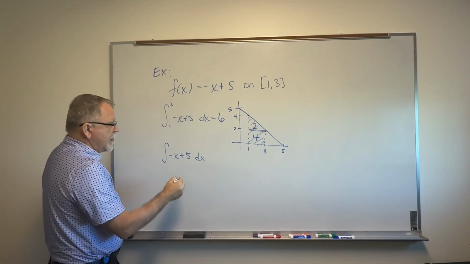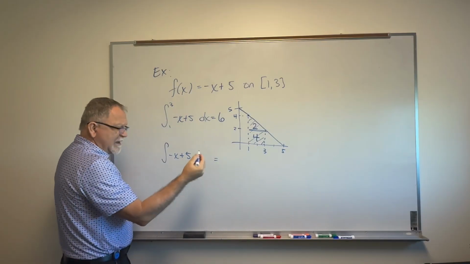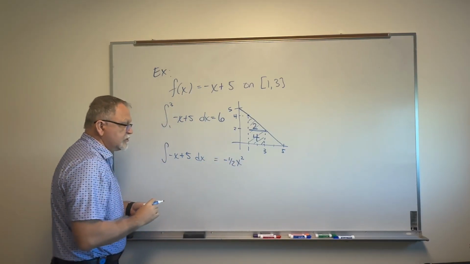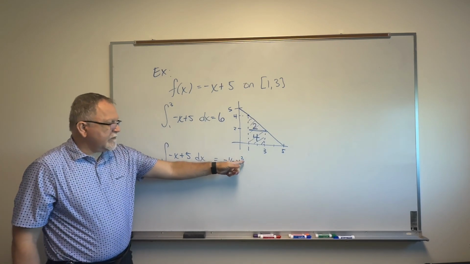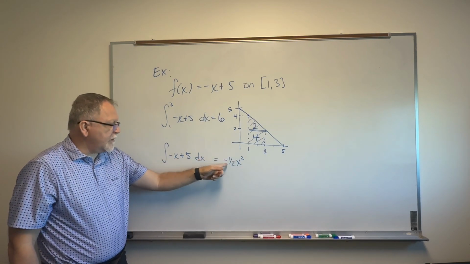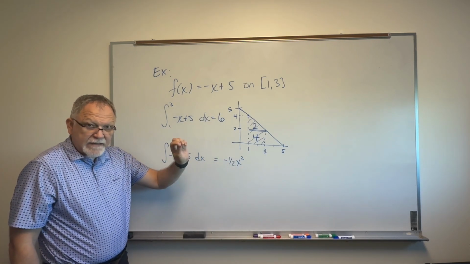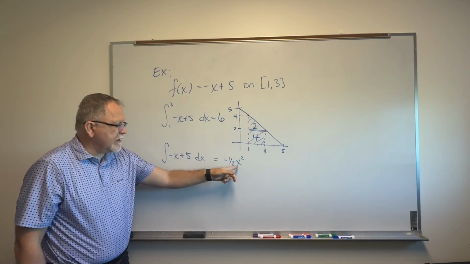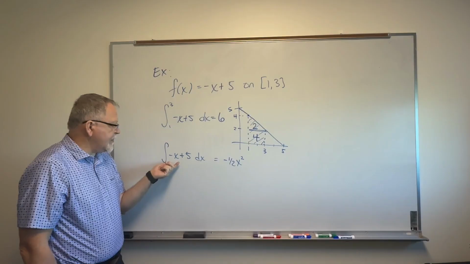So let's see what that might be. I'm going to guess negative 1/2 x squared, and let's just double check it. If I take the derivative of this, I bring the 2 down in front. The 2 times the 1/2 makes it a 1, and then I've got the negative, so it's a negative 1. I drop the exponent by 1. I get negative 1x. Yeah, that's what I have.